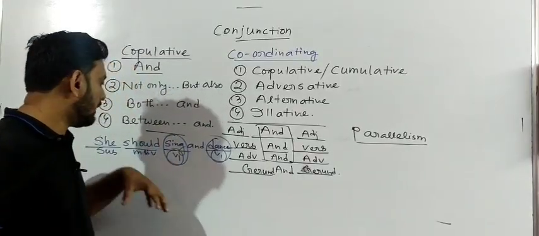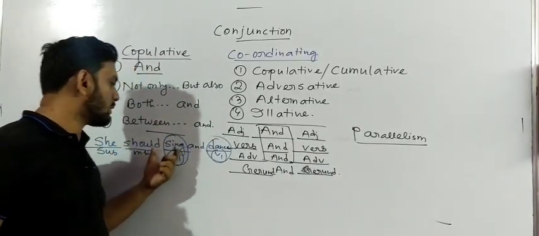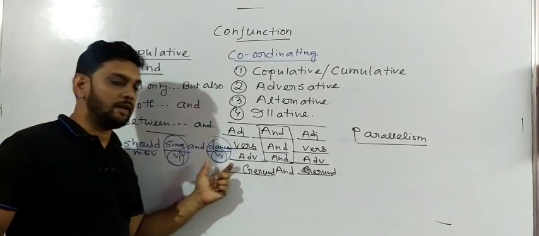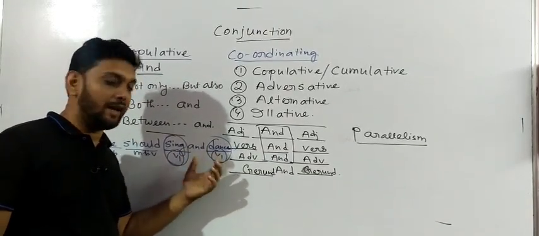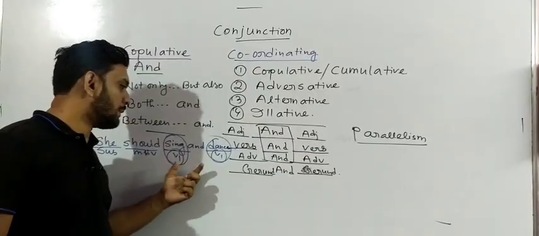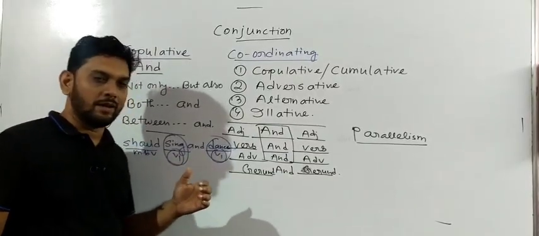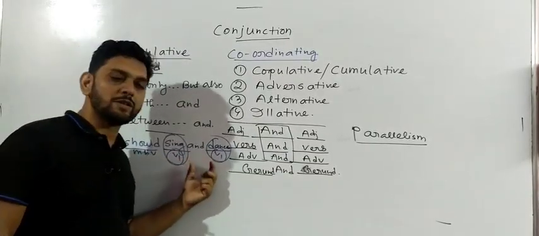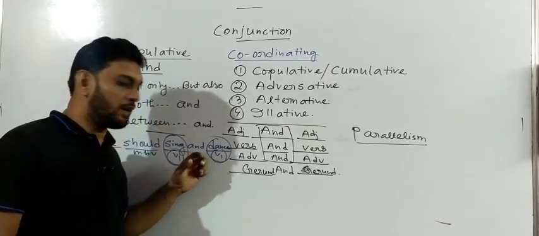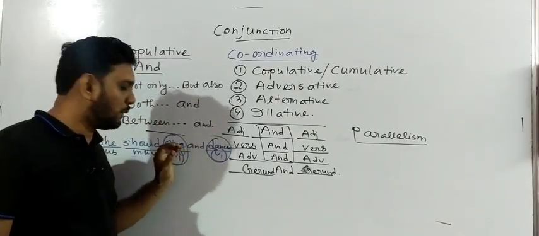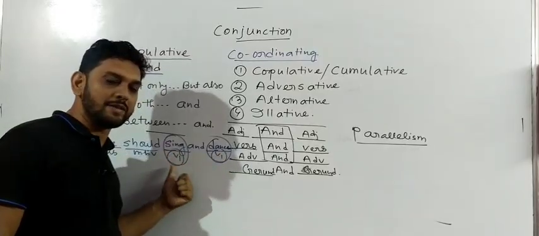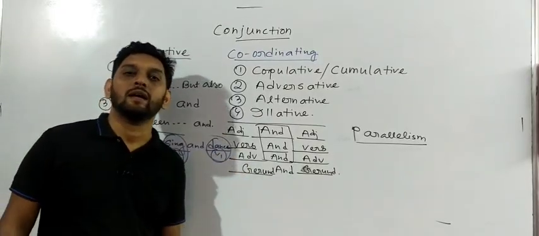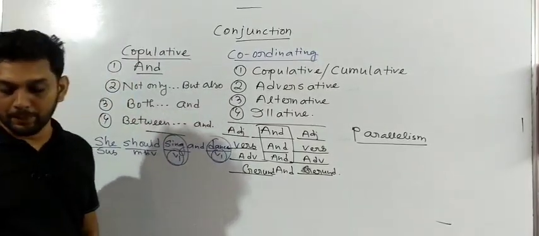Because if you write she should sing and happy, happy is an adjective. So you should not mismatch the order or series of these words. If before and it is a verb, after and it should be a verb, not an adjective. Got my point, all of you?